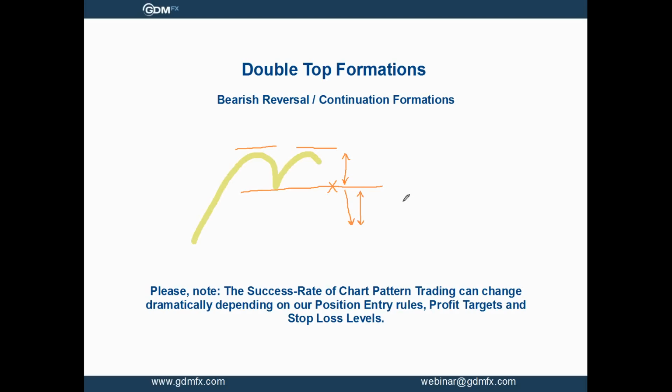Should we just put a sell stop order at the neckline and our take profit order down here? Well, now this is going to give us the difference between a higher and a lower success rate. In other words, an aggressive trader might as well just place a sell stop order over there, but he will get a bigger portion of his trades hitting their stop loss.